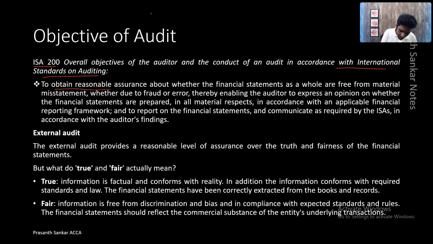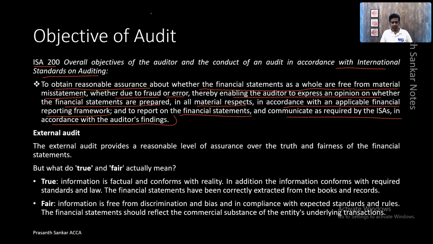Audit is to obtain a reasonable assurance about whether the financial statements as a whole are free from material misstatement, whether due to fraud or error, thereby enabling the auditor to express an opinion on whether the financial statements are prepared in all material aspects in accordance with the applicable reporting framework, and to report on the financial statements and communicate as required by ISA in accordance with the auditor's findings.